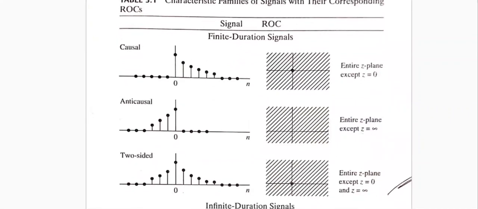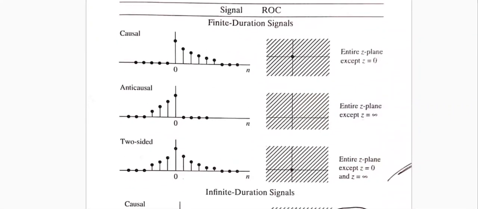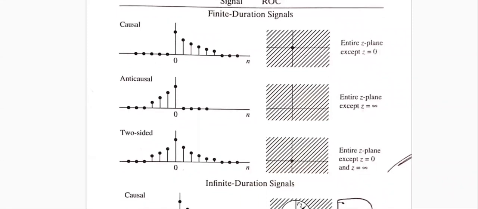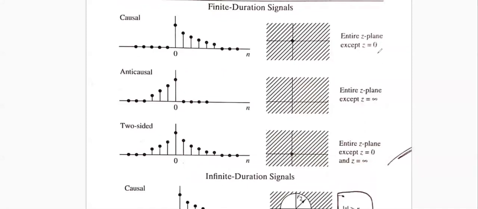Okay, so on the left side it shows the signal, and on the right side it shows the ROC. As you have asked about how to show that, this is the way we can express it. And in the third column, it shows the expression of how you can write it in a sentence or more. If that is causal and right-sided, definitely causal means right-sided sequence.